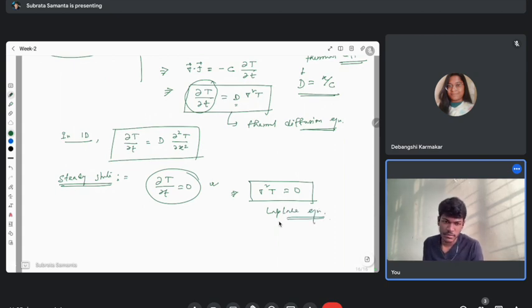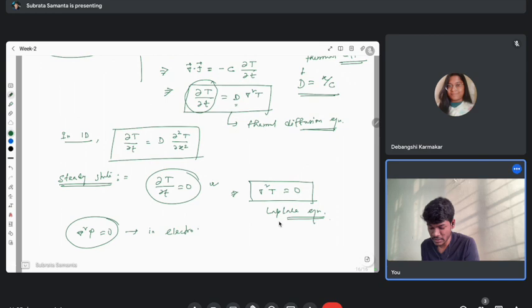Similar thing you observe in the electrostatics case. In the static case, grad squared phi is 0 in electrostatics if there is no source, no current. Static means there is no variation in time. So grad squared phi equals 0 for the electrostatics case, with no source term.